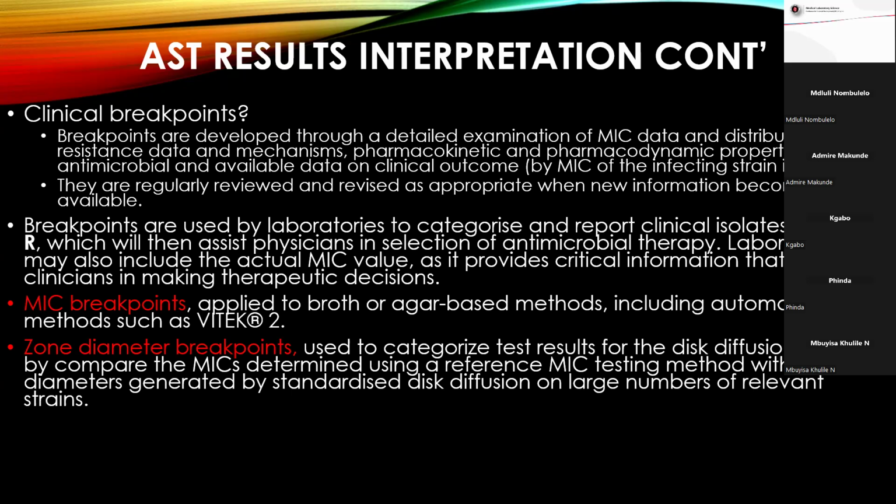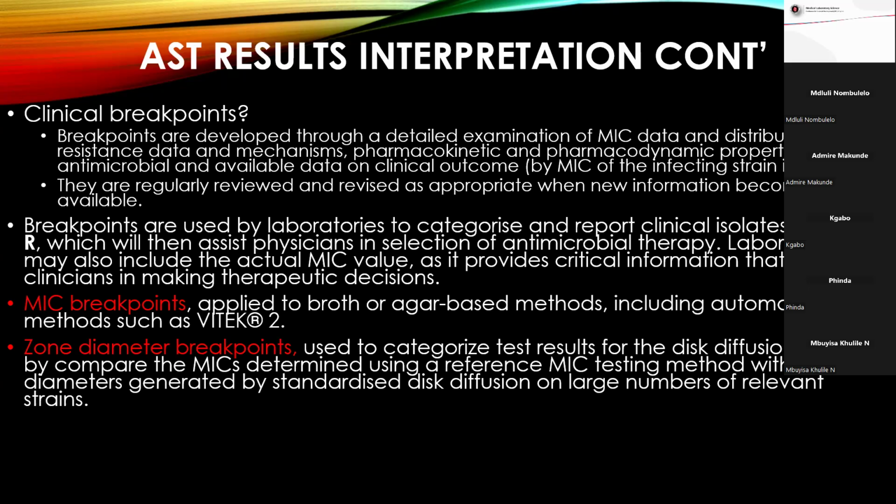So from this MIC, that's when you can also get the inhibition zone, which is used for the disc method. The MIC, you get it when you are doing the gradient test, which is the E-test. You can also get it when you are using the microdilution, which is the broth method. And this method is easily automated. Most available equipment which can do AST uses this method.